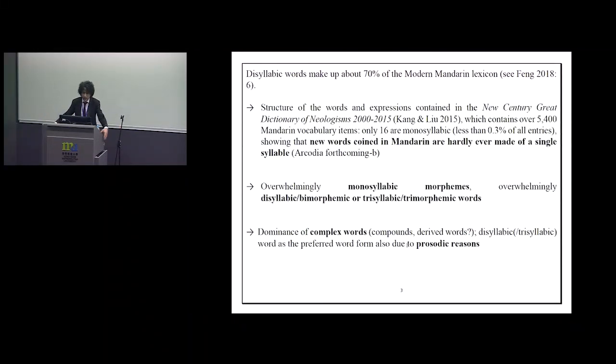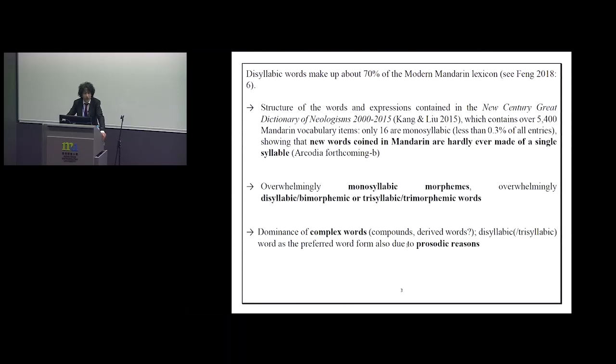Of course, we know that if we look at the modern Mandarin lexicon, in the present stage of the language, the vast majority of words are polysyllabic, and specifically the disyllabic form is the most common. I did a quick search of what happens, for instance, in a dictionary of Chinese neologisms, this one specifically collecting neologisms from the year 2000 to 2015. So you have about 5,400 items in the dictionary, and only 16 are monosyllabic.